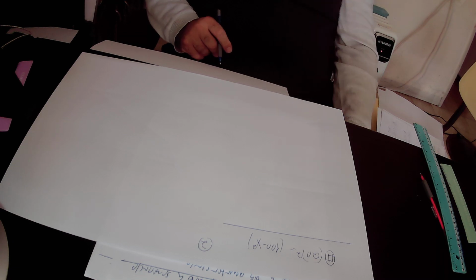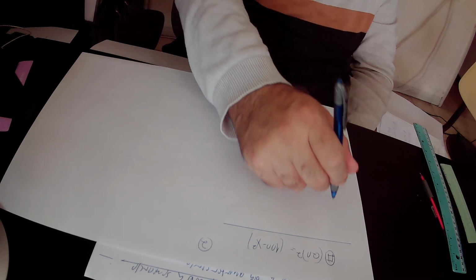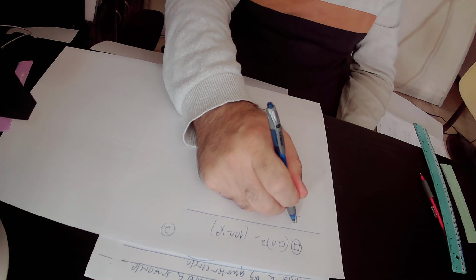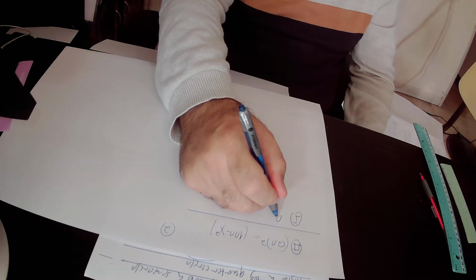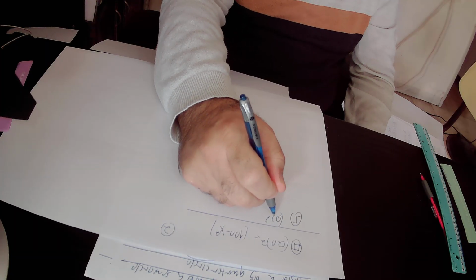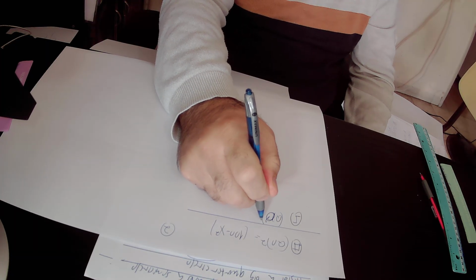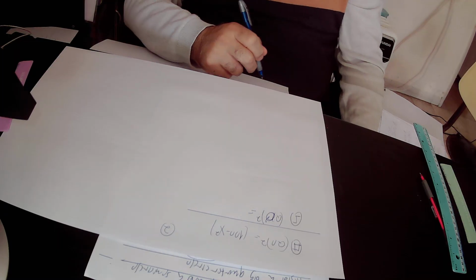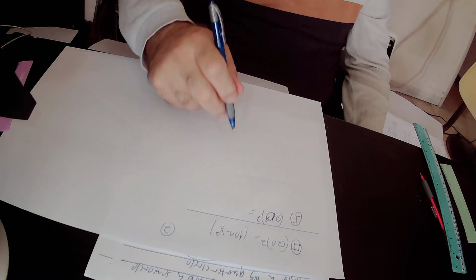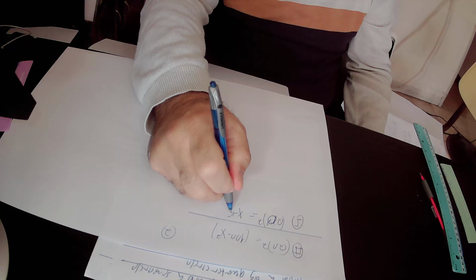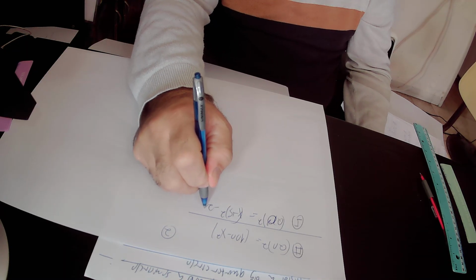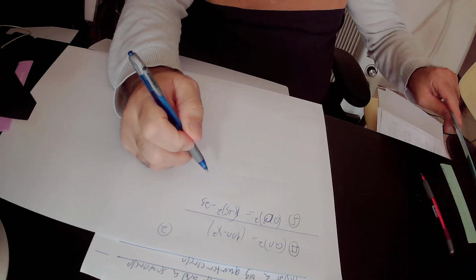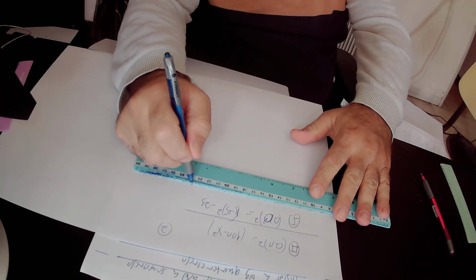And according to equation 1, we have already found out that QO squared equals (x plus 5) squared minus 25. So we have two equations for QO squared.